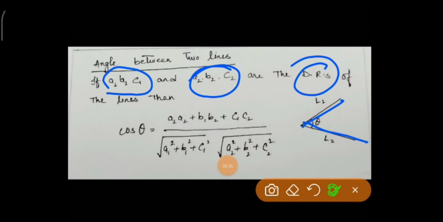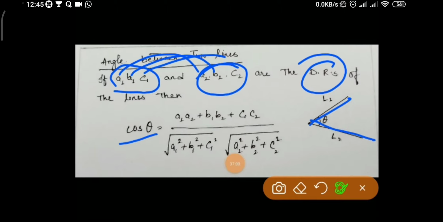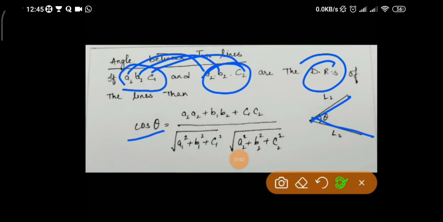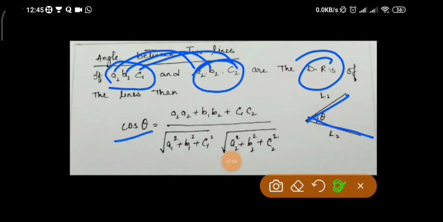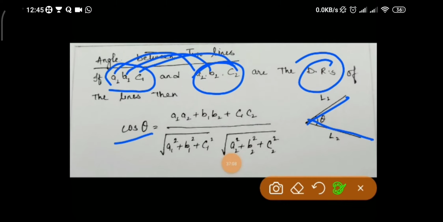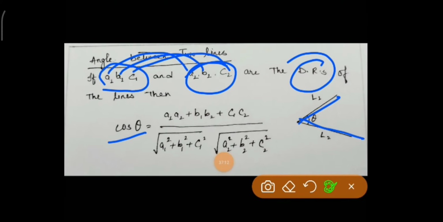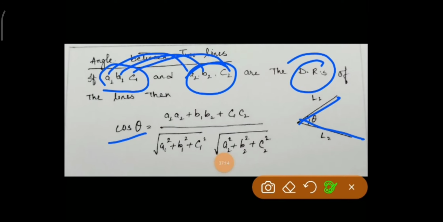So cos theta is a1 a2 plus b1 b2 plus c1 c2, divided by square root of a1 square plus b1 square plus c1 square, and square root of a2 square plus b2 square plus c2 square. That is how we'll be finding the angle between two lines. So don't get confused, it's very easy.